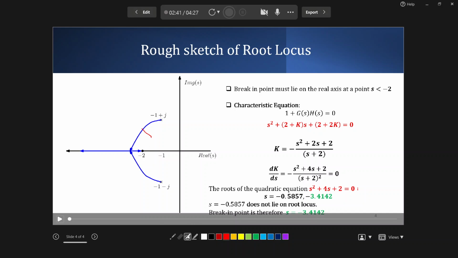Is it working? Okay, it's working. So at this point I want to find zeta.